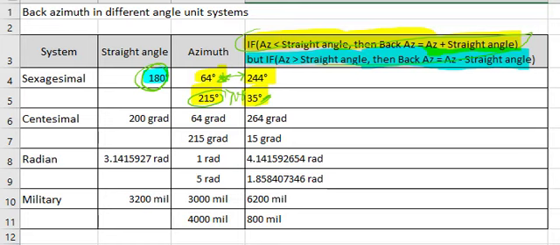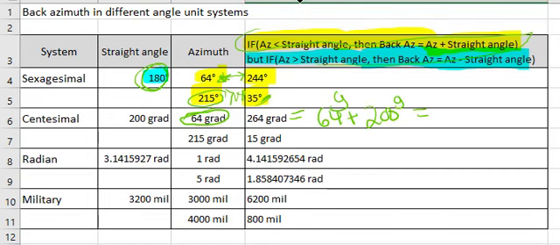Now let's see this for the other, centesimal system. The straight angle is 200 grads. So if we have an azimuth of less than 200 grads, which is the straight angle in that system, then we add to it 200. So this one, 264, equals the 64 grads plus 200 grads.